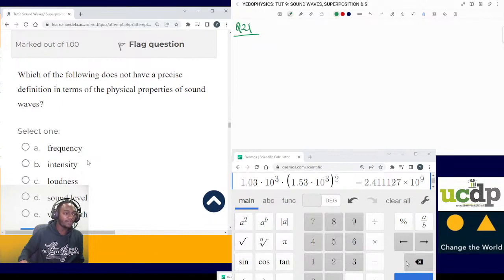All these, except one, can be defined in terms of the physical properties of sound waves. So you have to recall the physical properties of sound waves, and you'll find that frequency, intensity, sound level and wavelength can all be defined precisely by use of properties of a sound wave. So the only outlying answer is loudness.